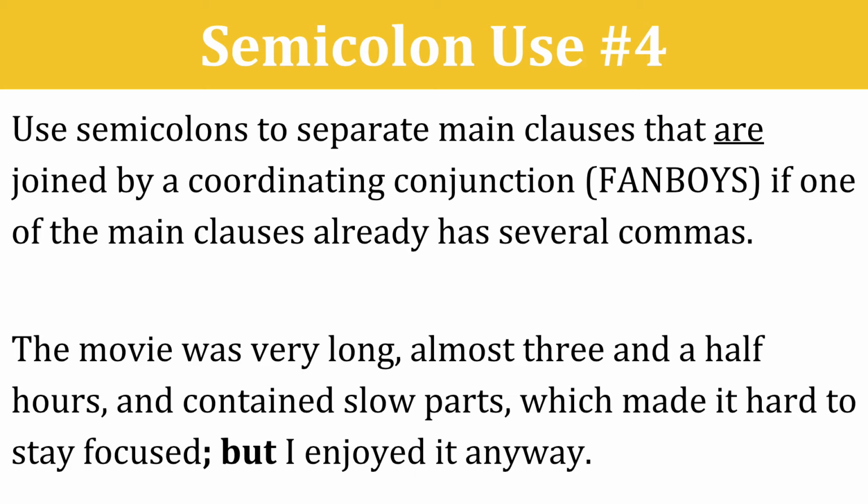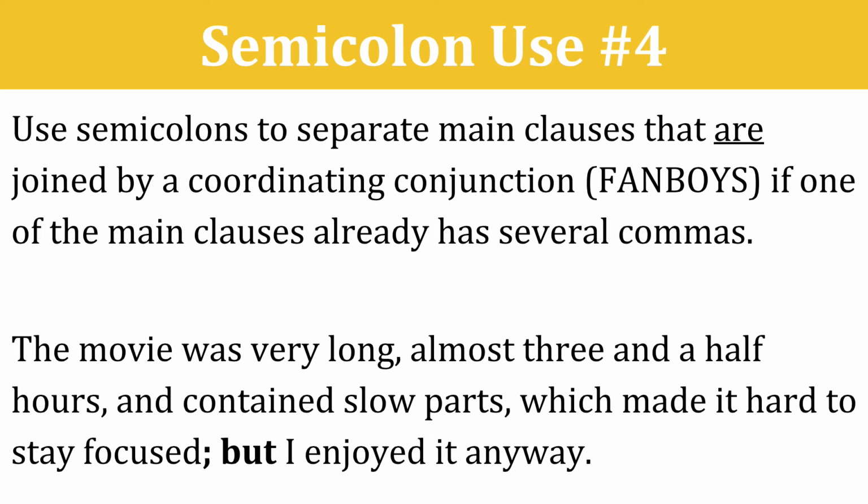So if you have two main clauses and you're pulling them together with a comma and a coordinating conjunction like for, and, nor, but, or, yet, or so, then you want to look at the two main clauses. And if there are already commas in those clauses, you need to figure out, does it make sense to use the semicolon and the coordinating conjunction instead?